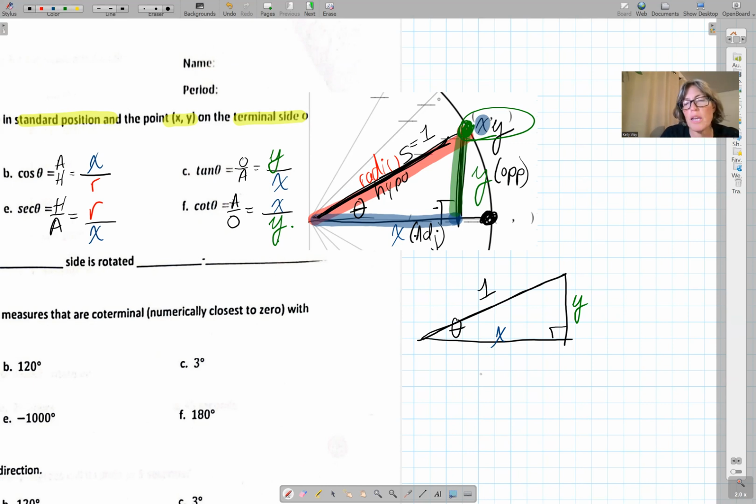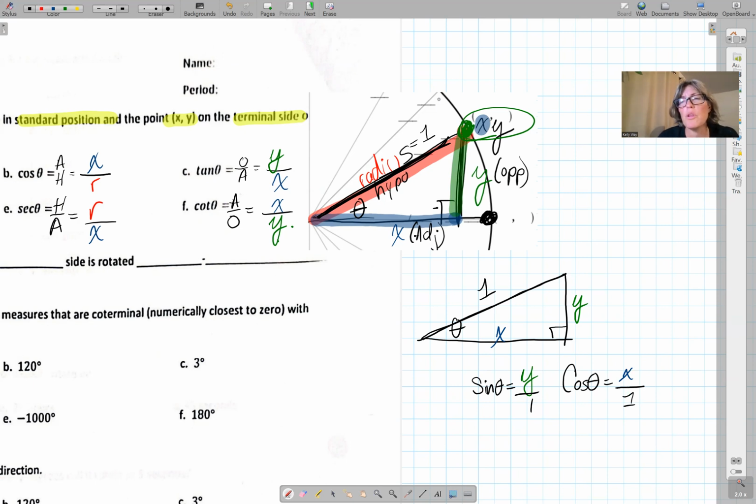So think of what sine of theta would be. Sine of theta is opposite over hypo, so it's y over 1. Cosine of theta is adjacent over hypo. In this case, it would be x over 1.